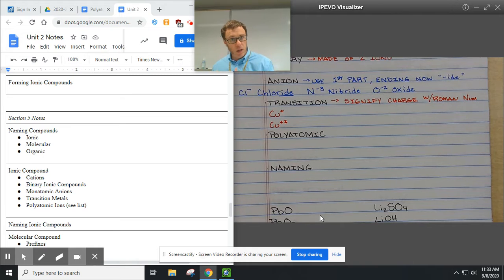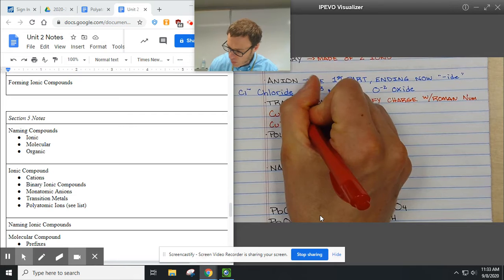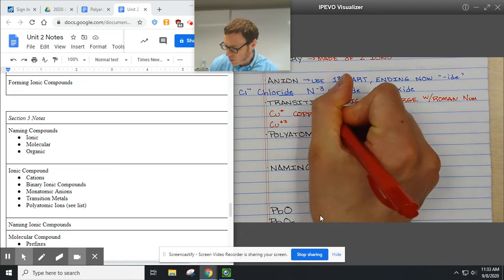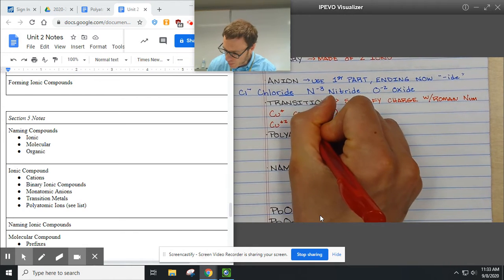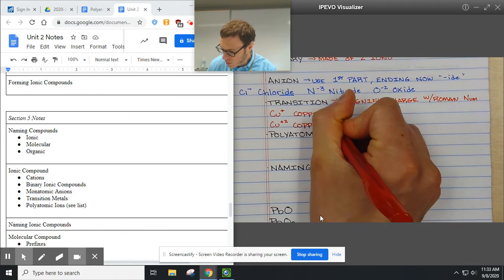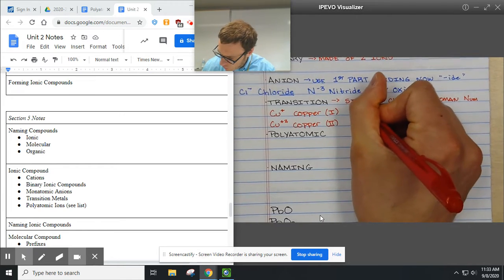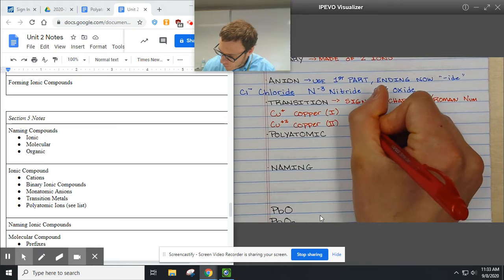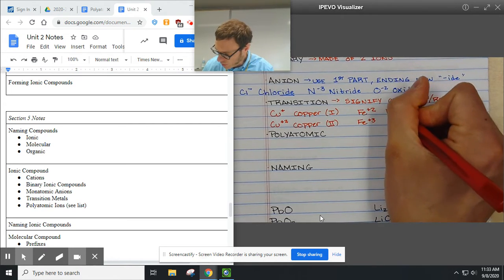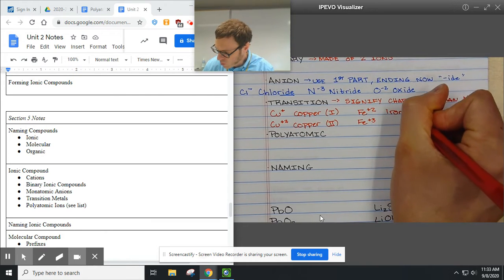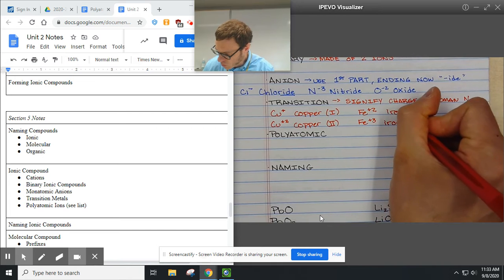Not at the same time, but sometimes it makes plus 1 ions, sometimes it makes plus 2 ions. And if it's this, it would be copper(I). And if this one, it would be copper(II). And that's it. So iron, Fe plus 2 and Fe plus 3. All right, so this one right here, this would be iron(II) because that's its charge. And this is iron(III).